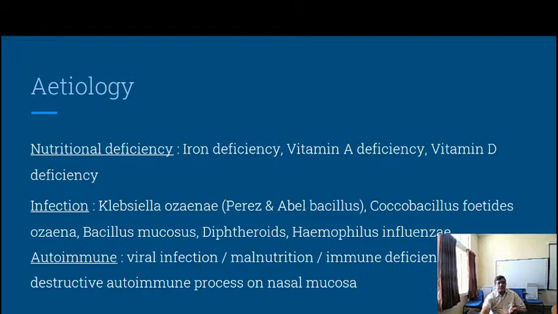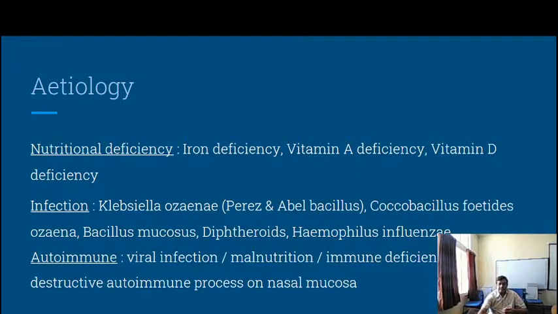And infection-wise, Klebsiella ozaenae or Coccobacillus foetidus and Bacillus mucosus and diphtheroids, Haemophilus influenzae. These are the various infections which are associated with atrophic rhinitis.